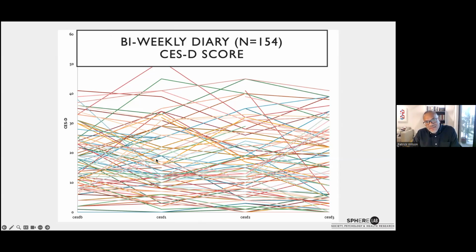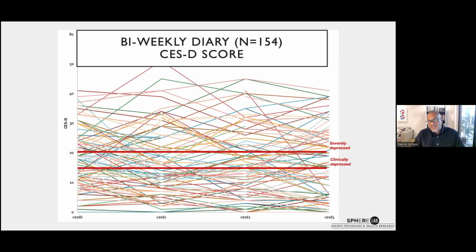So if you look at this graph, you can see lots of variation occurring over the 2-month time period that we assessed individuals. And if you also take a look at these lines, this is where we traditionally think about the cutoffs for the CESD for clinical depression and severe depression.